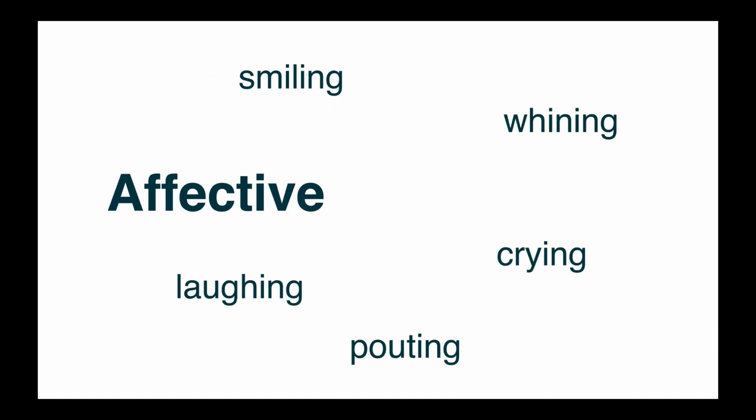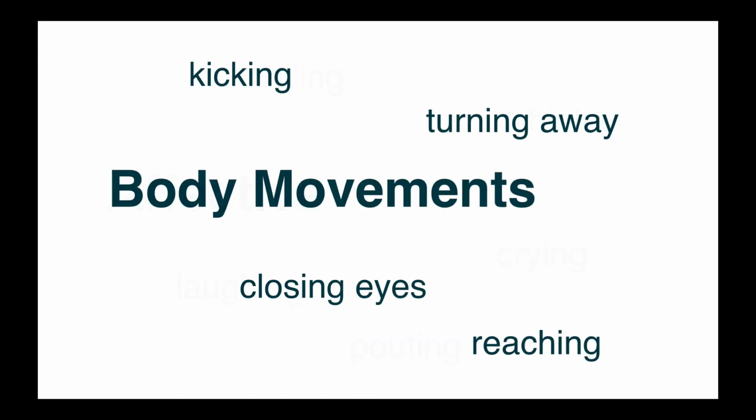Adults can also look for affective behaviors such as smiling, laughing, whining, crying, or pouting. Other times, body movements might serve a communication purpose. Students might kick, turn away, close their eyes, reach, or otherwise move their body in a way that an adult can interpret for a possible communication purpose.